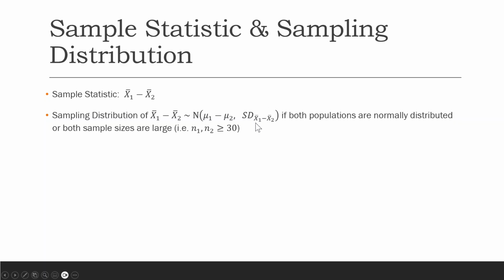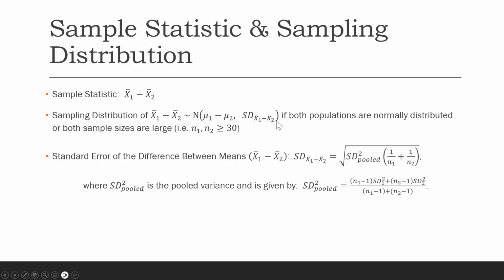I just want to be a little bit more specific in this video that we're talking about the standard error of the sampling distribution of the difference of these two means here. So this is a slight difference from what you see in your textbook. But this SD with the subscript x bar 1 minus x bar 2, that is your standard error of the difference in your sample means.